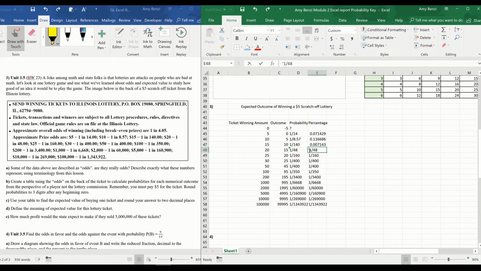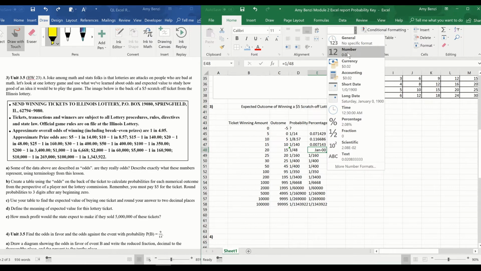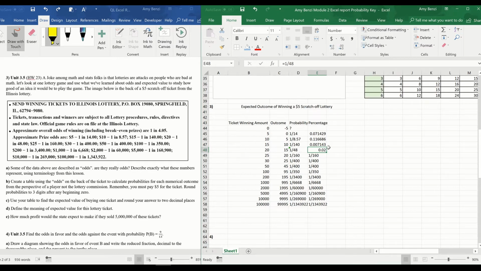When you guys are doing this, make sure you do get this column of the probabilities. We need to be able to see those probabilities. This one is a good example of something that's going to happen to you. Even though I took the comma away, I put the equal sign, I hit enter, it's still giving me a date. So now I simply click on it and go up here to number, and it will give it to me.